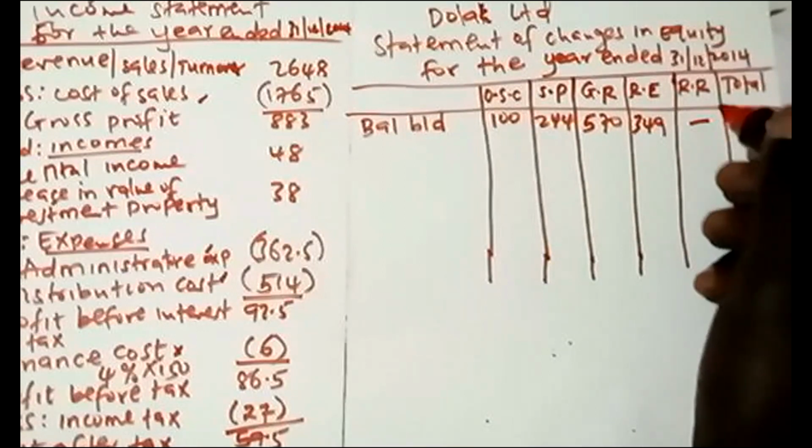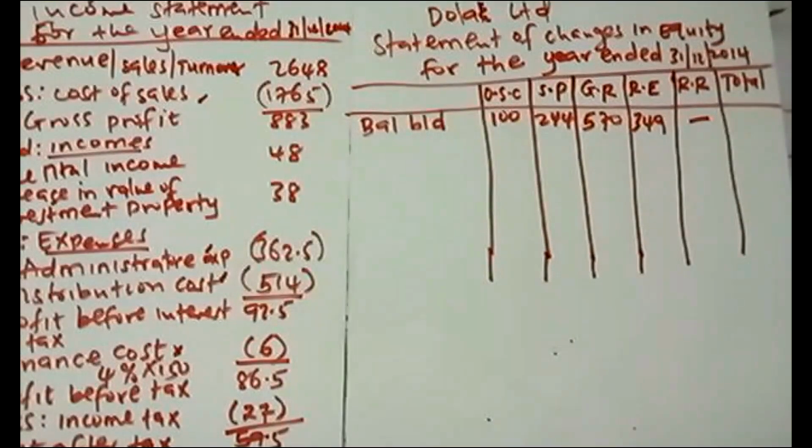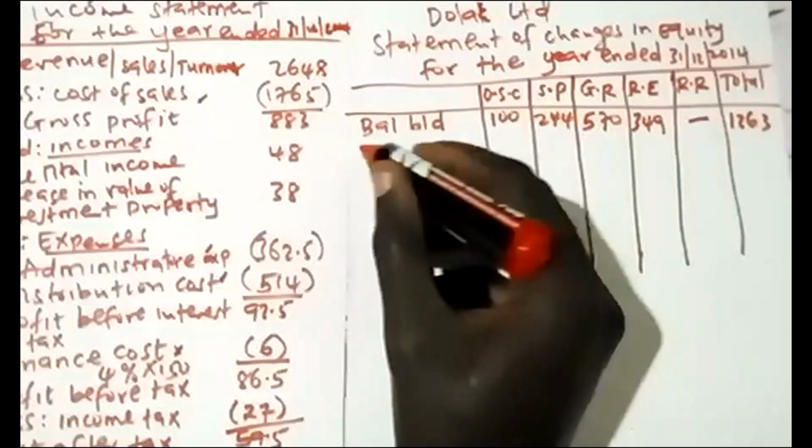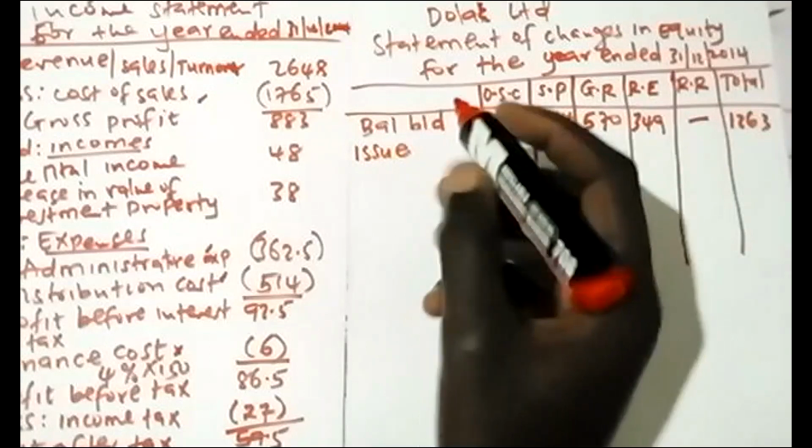Then this is a dash, because the revaluation reserve is not in the trial balance; it will be recorded later. The total my calculator gives is 1263.